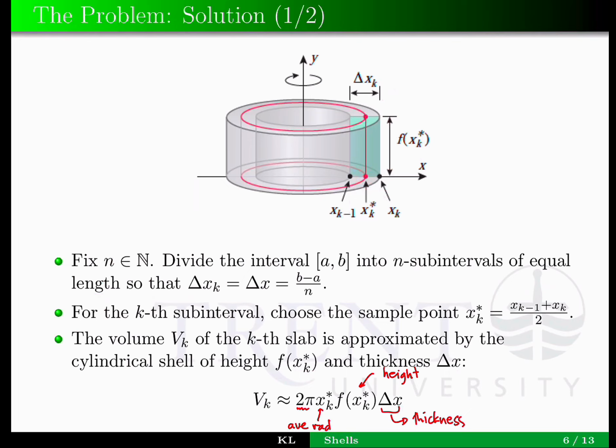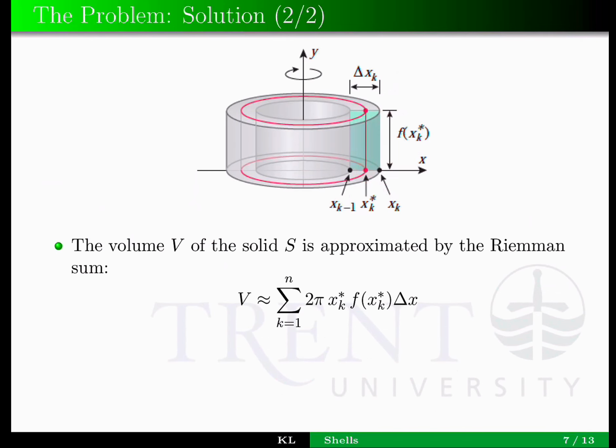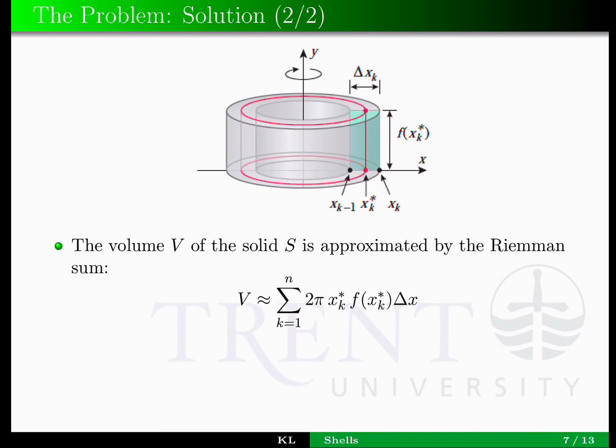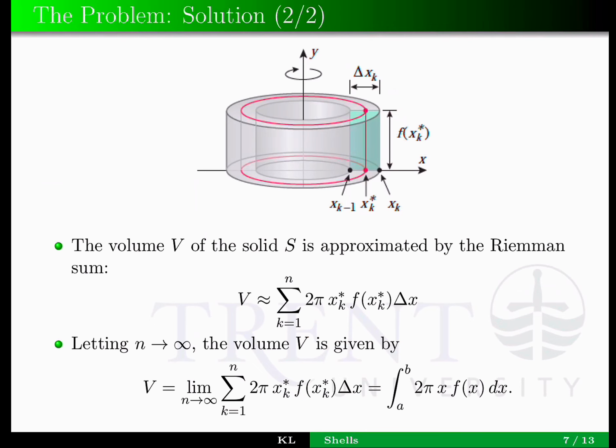And of course, you do this to all subintervals. The volume will be approximated by summing those V sub k here, the volume of the kth slab or the volume of the kth shell. And of course, if this expression here is integrable, then the volume will be the integral from a to b of 2 pi x f of x dx.